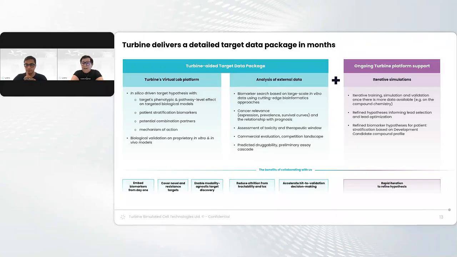So here we are showing an example of how the target data package and the decision target data package look like. Our virtual lab platform enables running different types of simulations at scale. And as Krishna mentioned, it allows you to test context-dependent gene dependencies across a wide range of biological models, be those cell lines, PDX, PDO models, or potentially patient samples as well.